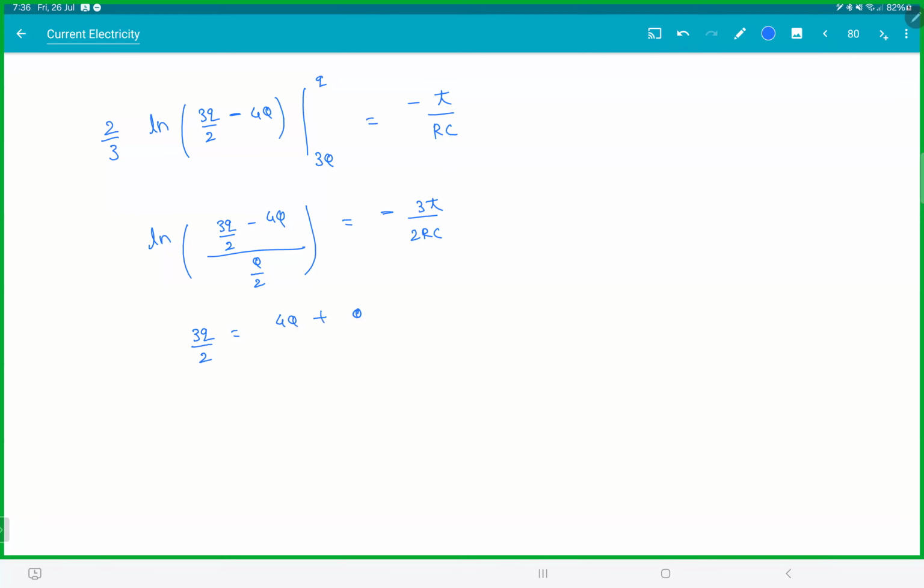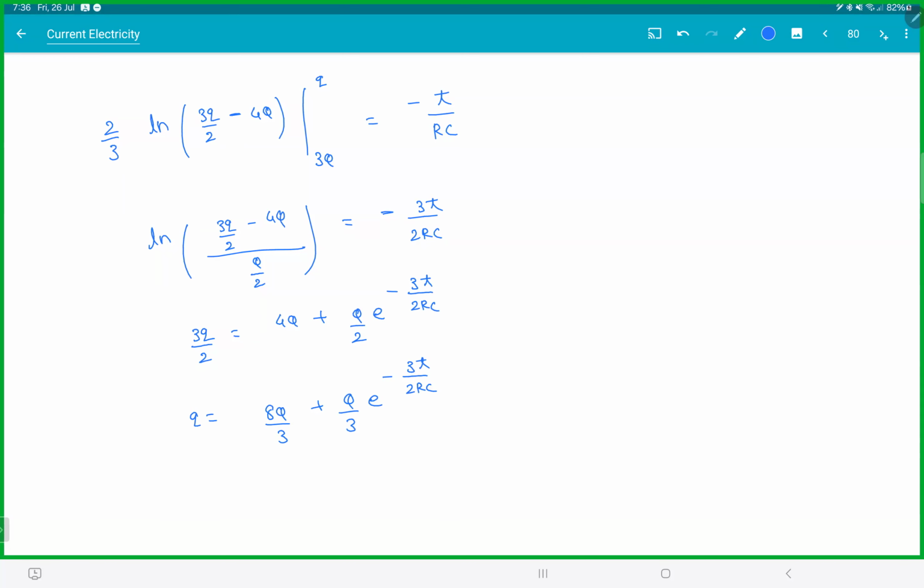Four q plus q by 2 e power minus 3t by 2RC, times 2 by 3, so that is 8q by 3 plus q by 3 e power minus 3t by 2RC. Check. Yeah, actually, I got the same. Anyone else got the same?